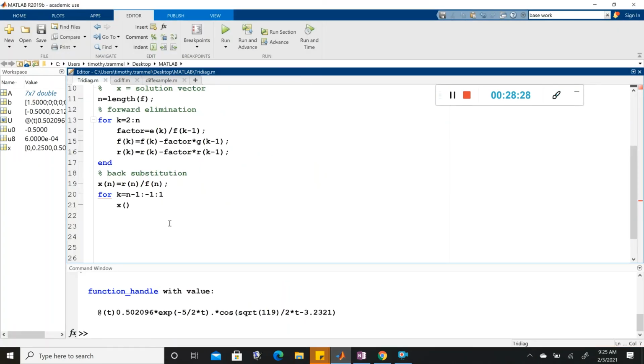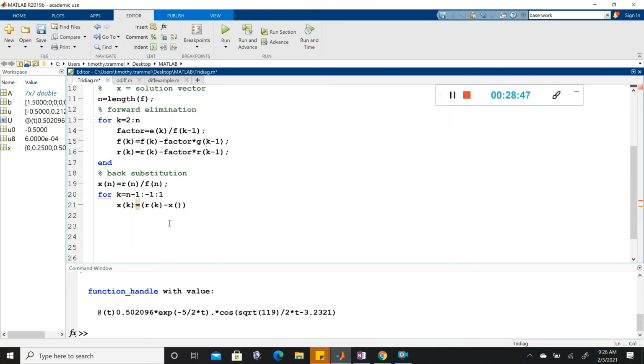Right, we had an r of k minus x of something. We'll leave that out for now. Oh, and I'm missing a parenthesis there. There we go.